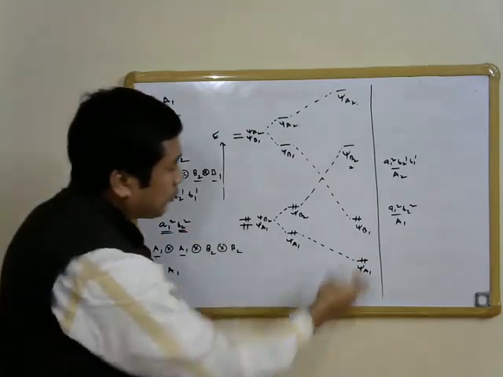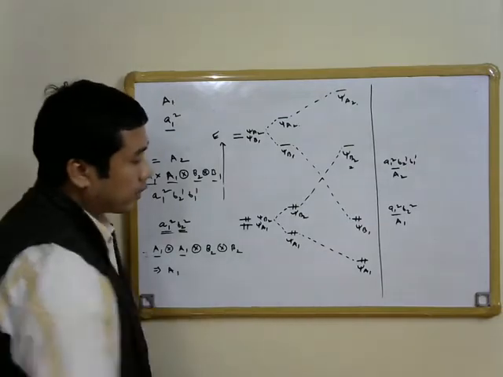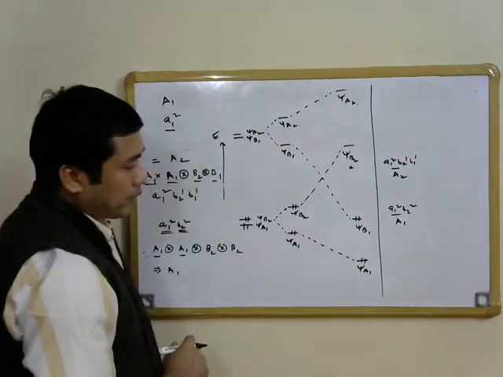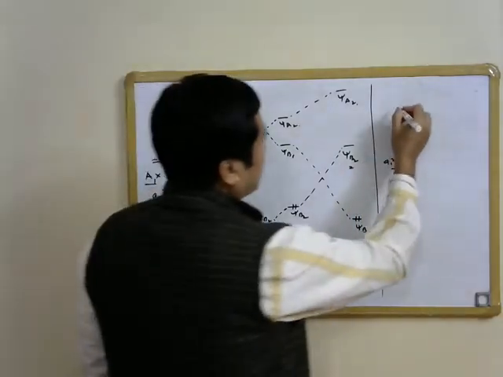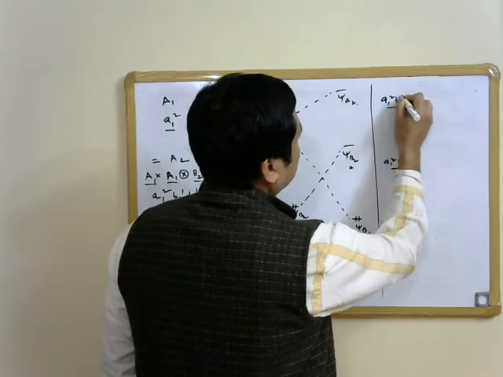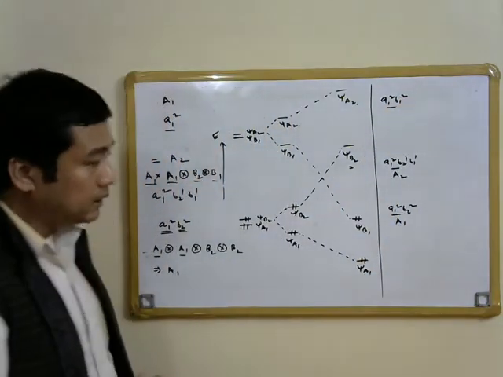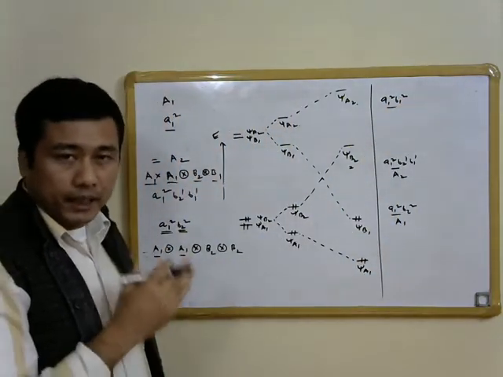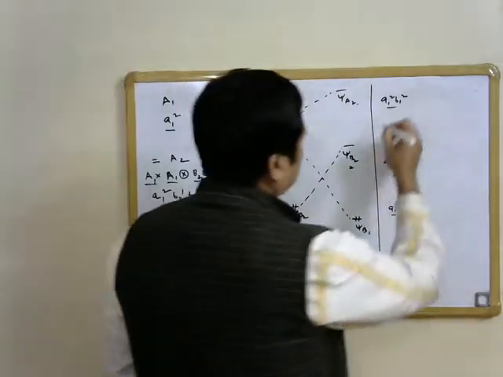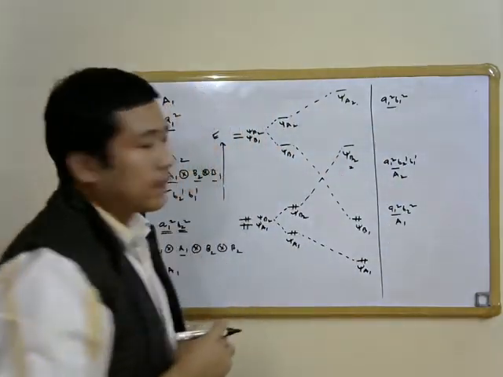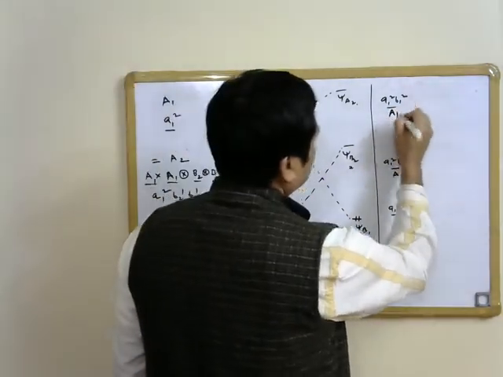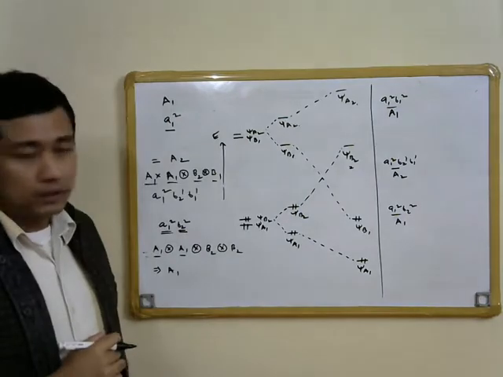We see that the ground electronic configuration of the product is A1 2 B1 2, and so we write that electronic configuration A1 2 B1 2 in case of the reacting system, and that is going to be an excited state electronic configuration in case of the reacting system. The symmetry of this excited state electronic configuration, if you find it out again, is going to be equal to A1 over here.